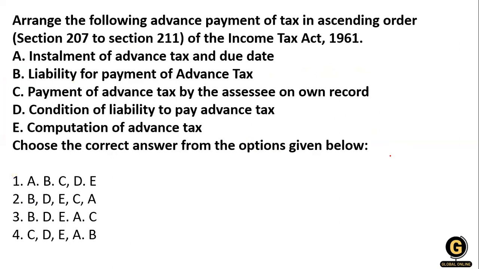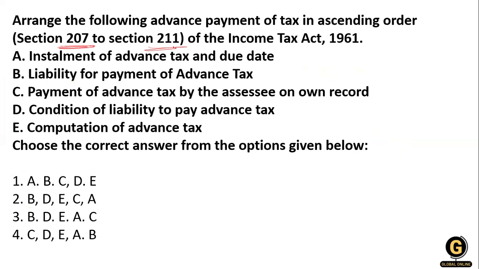Next question: arrange the following advance payment of tax in ascending order. The sections are given from section 207 to section 211 of the Income Tax Act 1961. The statements are: A, first installment of the advance tax and due date.